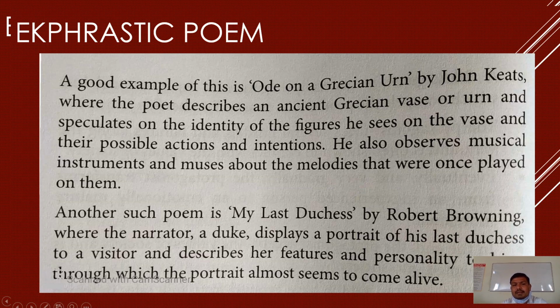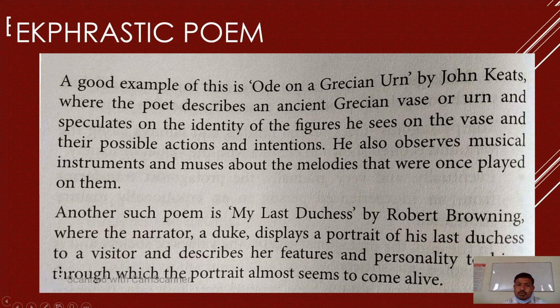See, a good example of this is Ode on a Grecian Urn by John Keats. In that ode, that urn, that pot is described, and the pictures on that pot are presented by the writer John Keats in his poem.